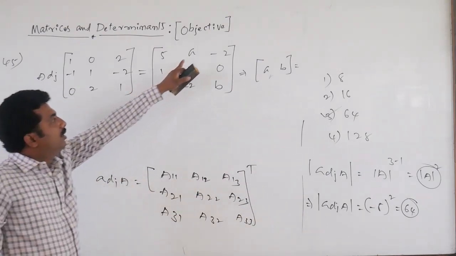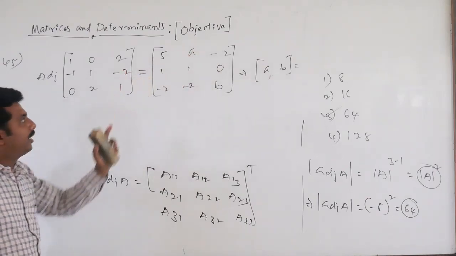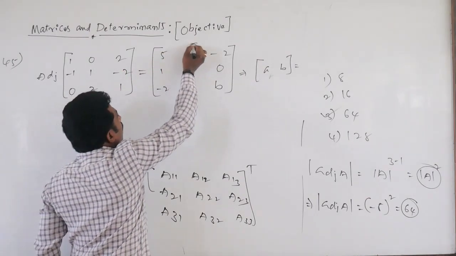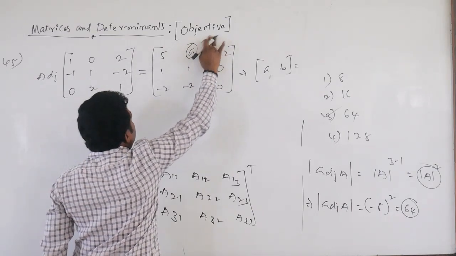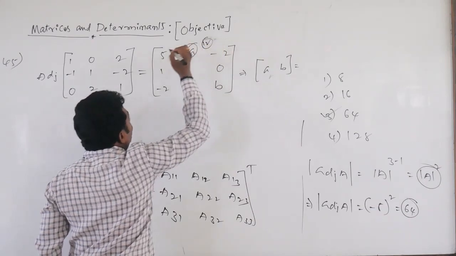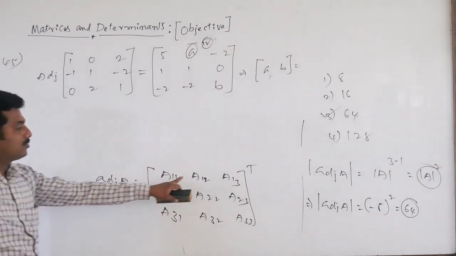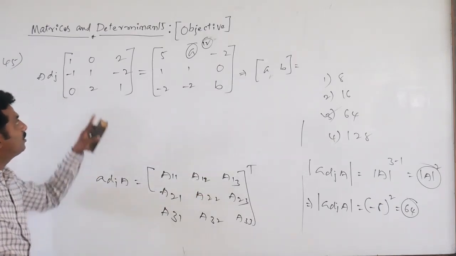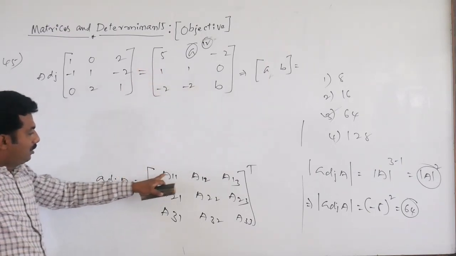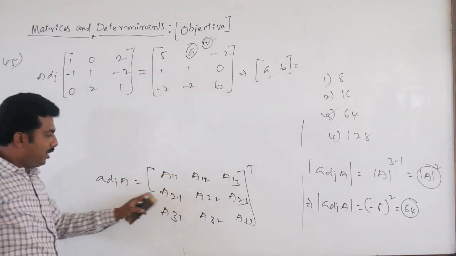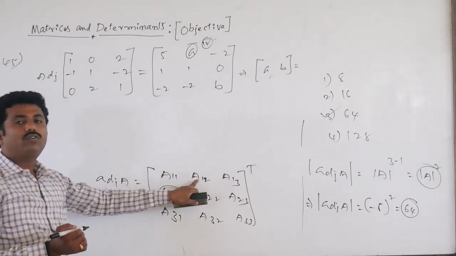Here you observe, first row second column is A12. In its transpose, the second row first column element becomes first row second column.